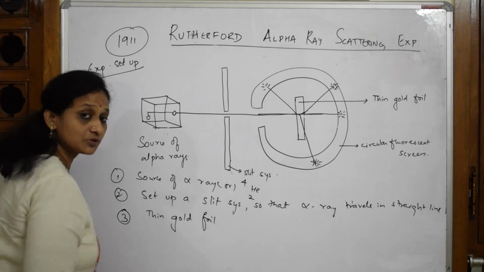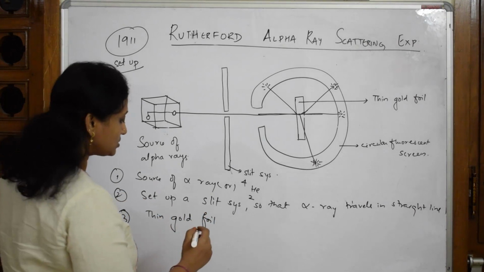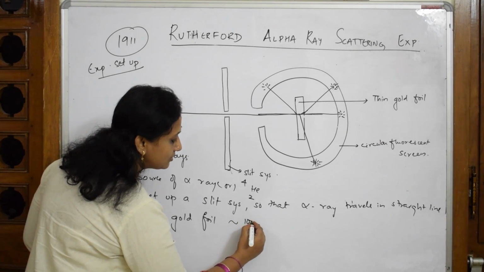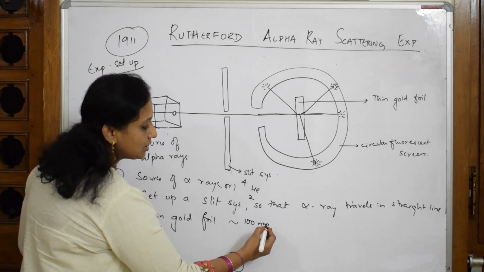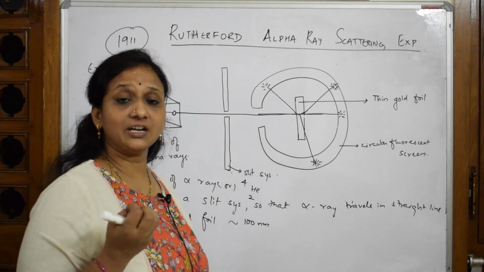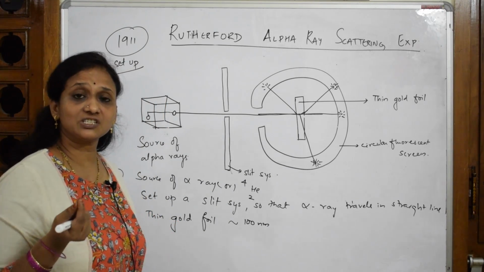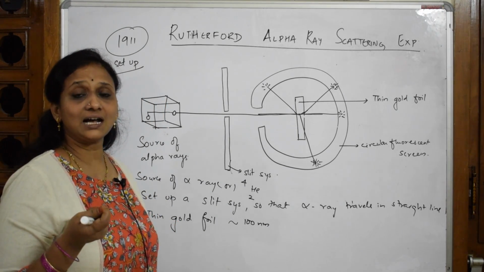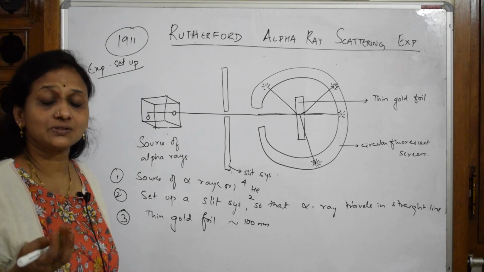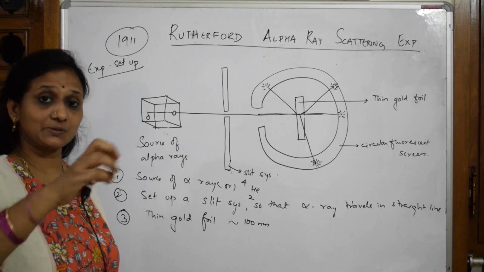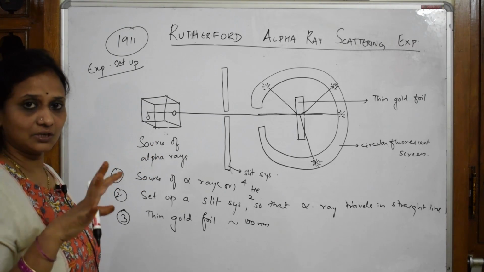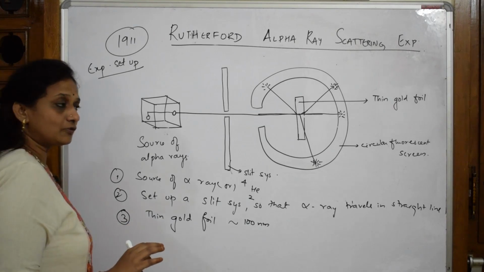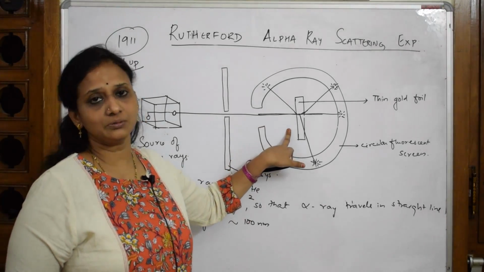The size of the gold foil was approximately 100 nanometers, or 10 to the -5. The thin gold foil had about 12,000 atoms incorporated in it. This thin gold foil was fixed at one end of the setup.